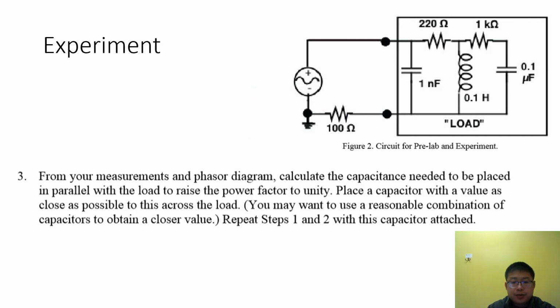Third step, you need to calculate the capacitance needed to be placed in parallel with the load to raise the power factor to unity. So we have the power triangle with P and Q. What we can do is reduce Q to 0.